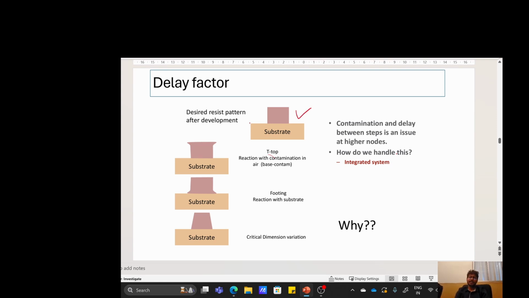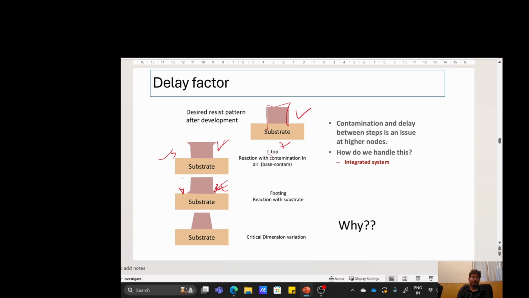You wanted the feature like this, but because of your lunch, which you could not skip, or your dinner or your tea, you end up with this kind of pattern, and you will transfer this kind of pattern over the mask. There is a kind of T-top, there is footing. At this point the photoresist is not removed properly.